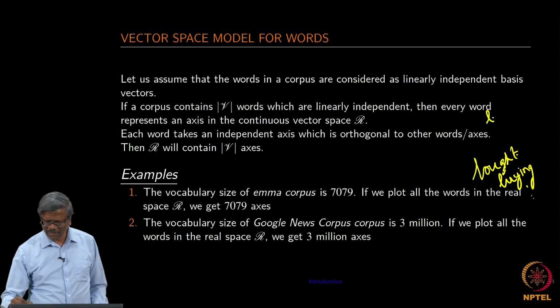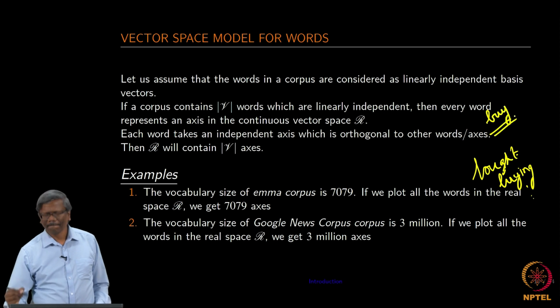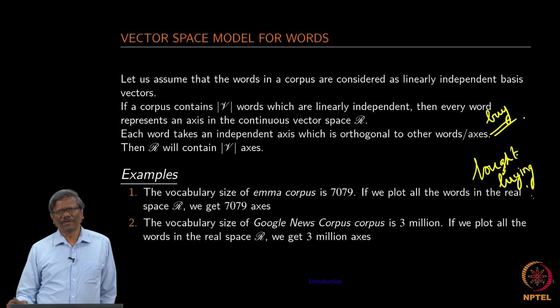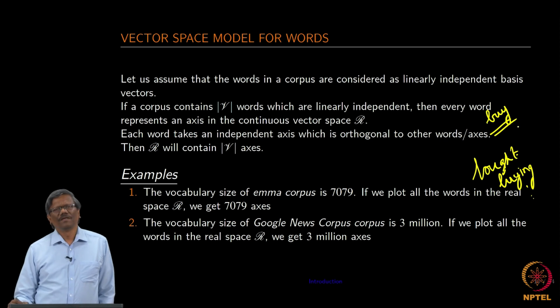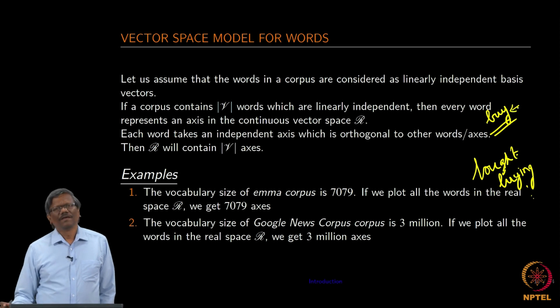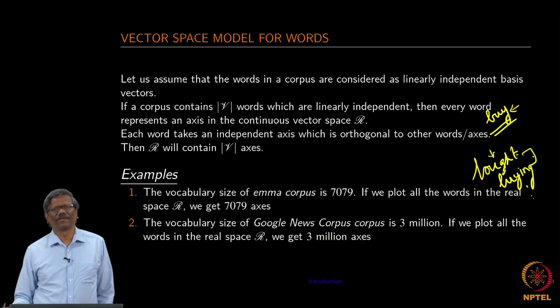So, we started with buy, right, and then the rudimentary search engine gave me certain results where all the documents that contain the word buy are listed in certain order, but it will not list anything which is related to bought, or documents that contain these two words, right.